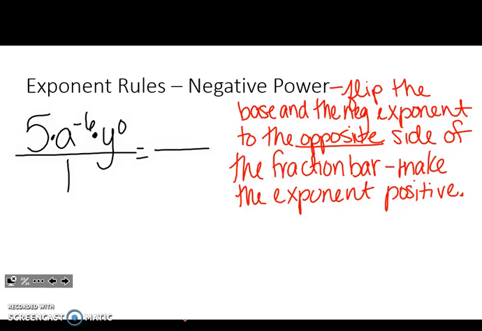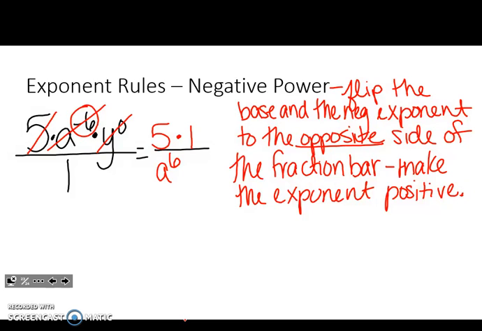So 5 isn't raised to a negative power, so it's going to stay on top in my answer. A to the negative 6, so since it's raised to a negative power, it's going to go to the opposite side of the bar and become positive. And then y to the 0 power is going to cancel out, and that whole thing is going to become 1.